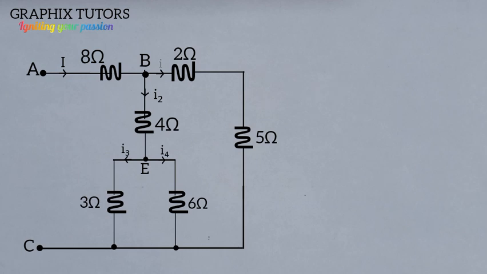Because I1 is flowing through 2 and 5, the resistances of these resistors are 2 and 5. Because the same current is flowing through 2 and 5, we say they are in series. And when two resistors are in series, you sum them together.